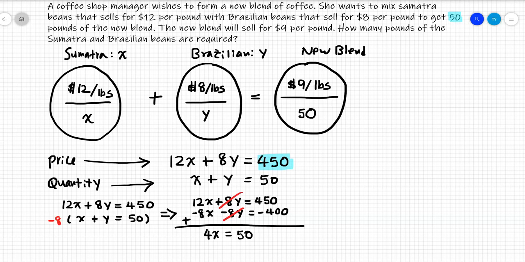So that means, okay, we're going to have x is going to be divided by 4. So now the x divided both sides by 4, you get 50 over 4. So that's what? 12.5. So now it'll be 12.5 pounds. So Sumatra, you have to have 12.5 pounds. So this is going to be a Sumatra blend.